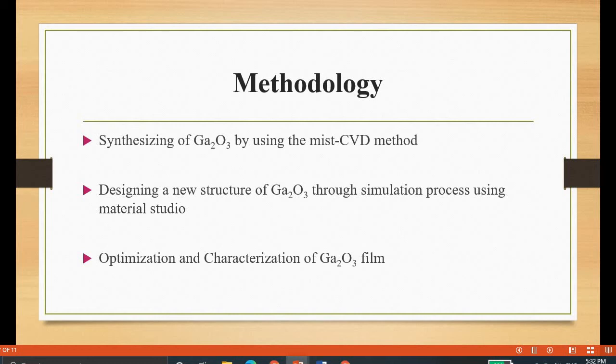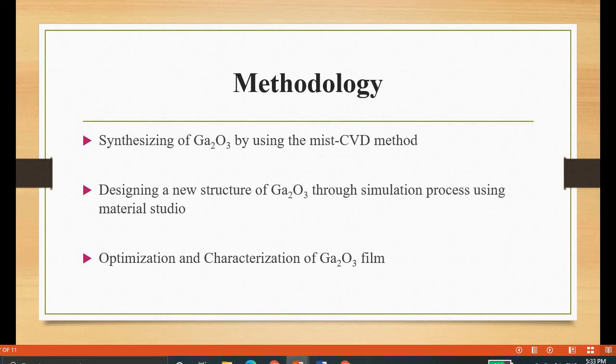This simulation structure is considered the optimized condition for the gallium oxide thin film, and the sapphire substrate will be picked as a suggestion or reference. The main goal is to focus on better performance efficiency during the final stage when the gallium oxide has already been produced. So it must be the best quality that I'm trying to synthesize.